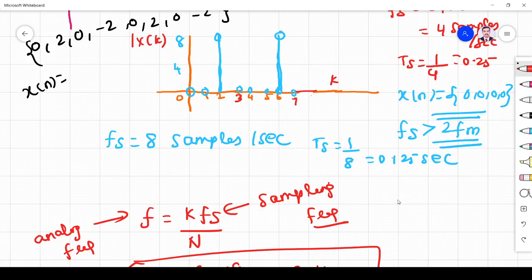So from this spectrum, he sees the peak at k is 2, fs is 8, N is 8, so the analog signal frequency f is equal to 2 Hz. You will be happy to find it, and I think this way of teaching will be useful. I hope you understand the things properly. The derivation and all we can see in standard author books like Proakis, Oppenheim and Schafer, and Manolakis and Hayes.